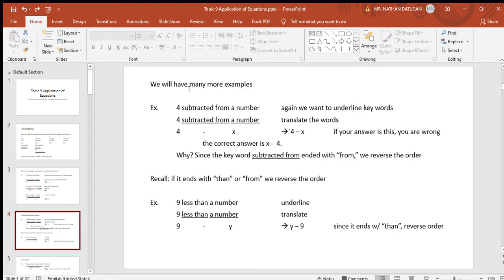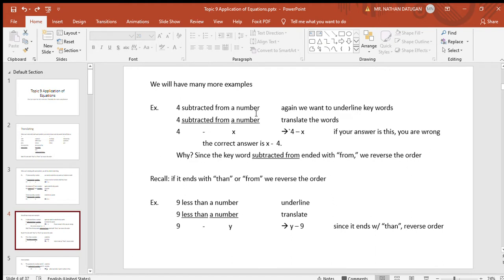Now let's have more examples. So we have 4 subtracted from a number. Again, we want to underline the keywords subtracted from and a number. So subtracted from is subtraction, so it's minus and x. So it's going to be 4 minus x. But if you answer this, it is wrong. So think of this as a word problem. You went to school from your home.